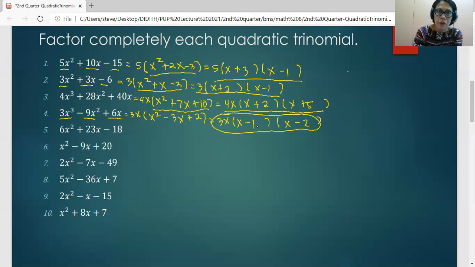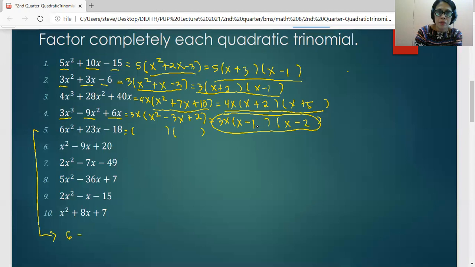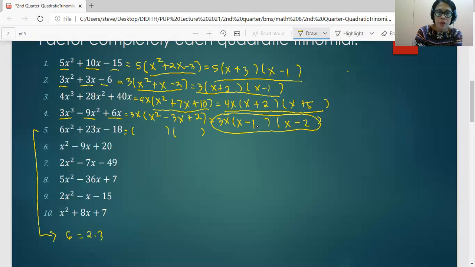For number 5, it seems like they do not have a common factor. So we're going to consider the factors of 6, which are 2 and 3. The other one is 1 and 6.